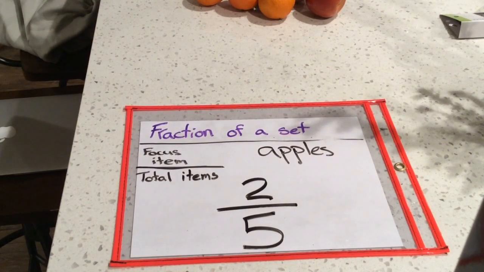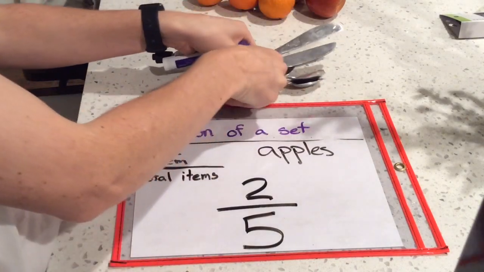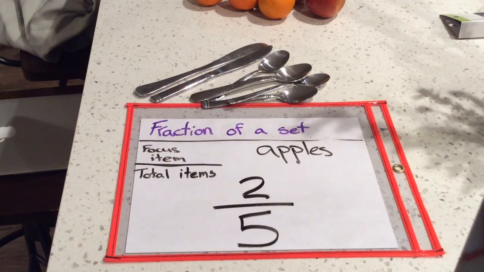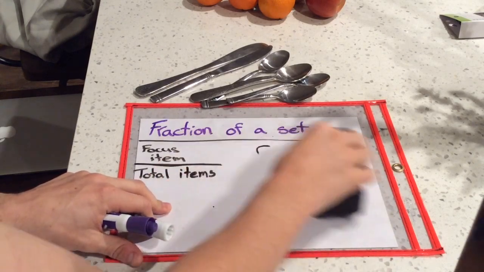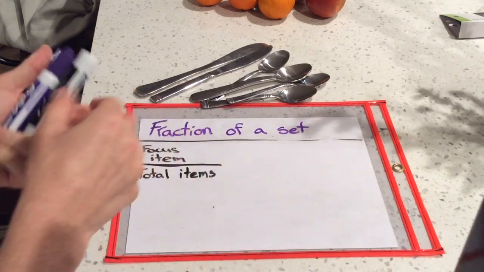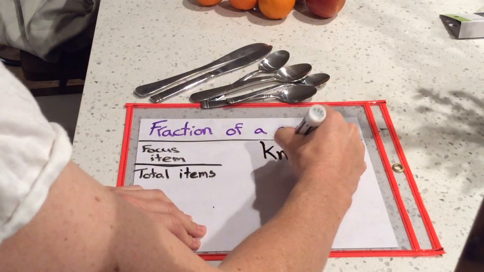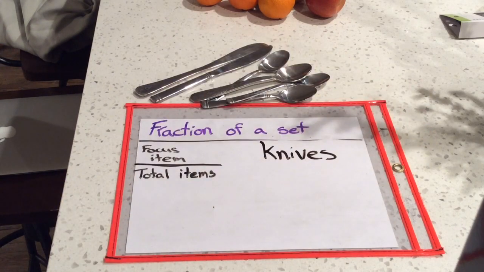I was unloading the dishwasher and I pulled out some utensils here, and I have spoons and knives. So again, I'm no longer going to be referencing apples. I might choose to represent or focus on knives. I start off by counting the total amount of items.